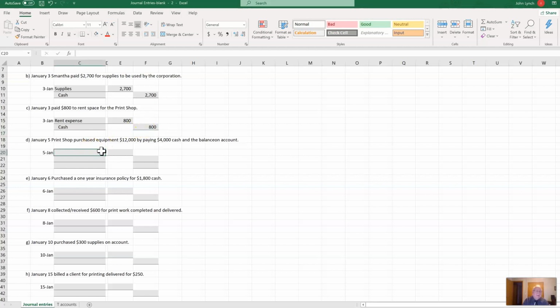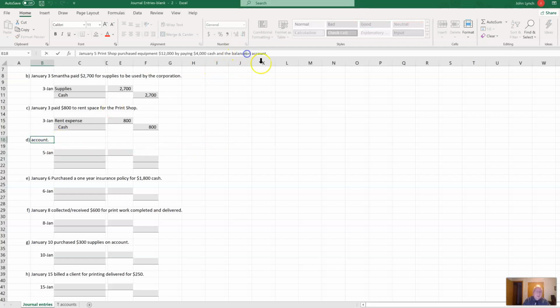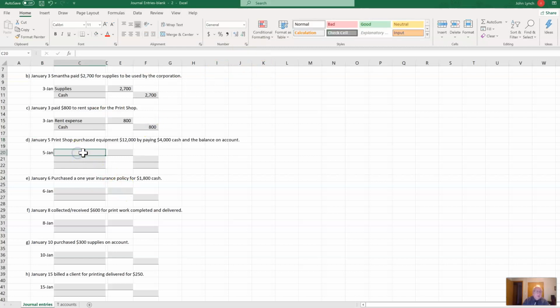Okay, this is going to be a three-liner. So on January 5th, the print shop purchased equipment for $12,000, paid $4,000 in cash, and the balance was on account. Okay, so we'll get that fixed. The balance was on account. Okay, so what did we purchase? Well, we want to increase the account called office equipment.